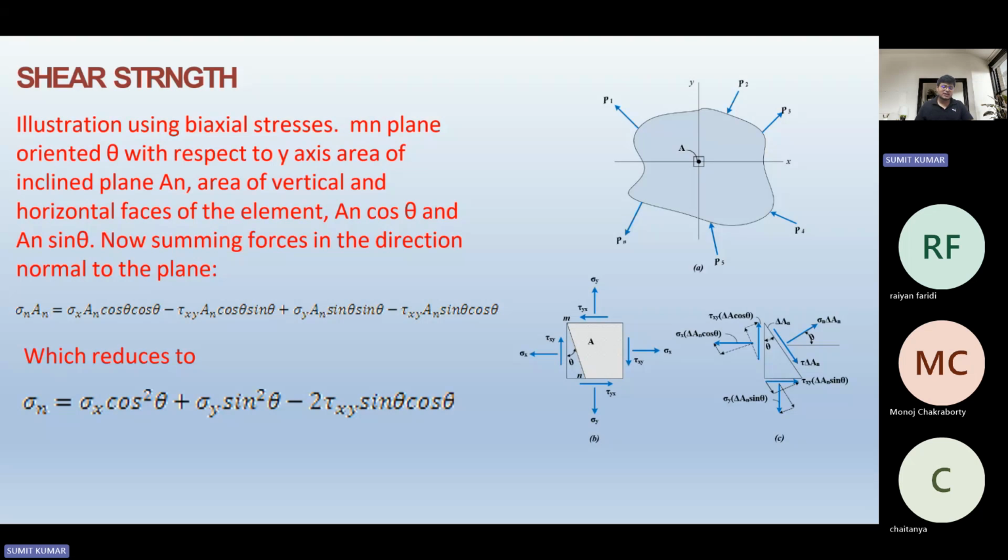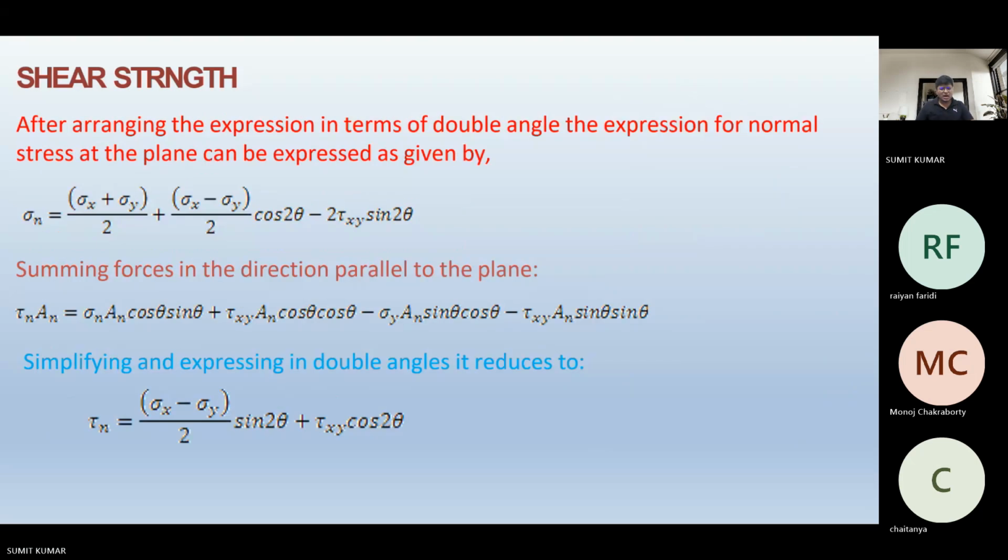Additionally, sigma n is the normal component here, and after arranging the expressions we have reached the same equation in which the double angle expression for the normal stress at a plane can be expressed as sigma n equals sigma x plus sigma y by 2 plus sigma x minus sigma y by 2 cos 2 theta plus tau xy sin 2 theta.